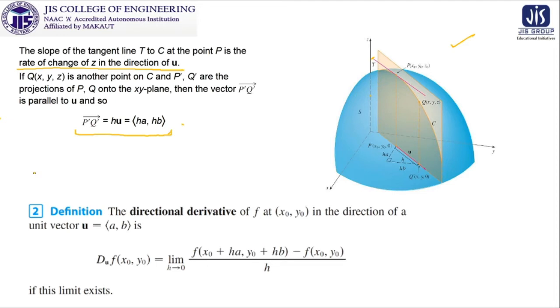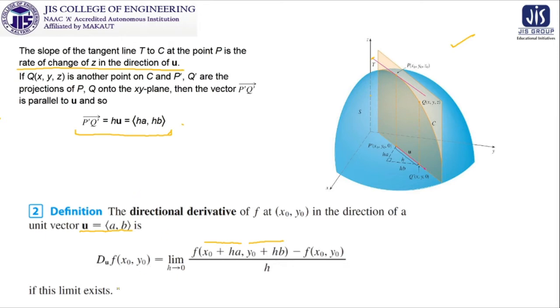So ultimately what we get is that the directional derivative of f at (x0, y0) in the direction of the unit vector u, because if this changes the value will change, is the limit of f(x0 + ha, y0 + hb) minus f(x0, y0), divided by h, as h tends to 0. Look at this, both of them are changing, and they are changing according to the vector u.